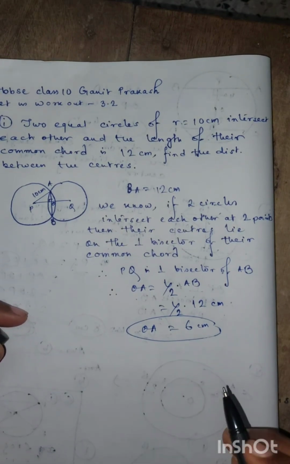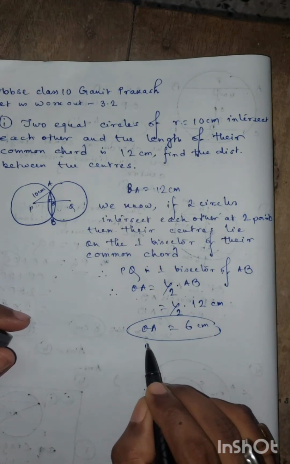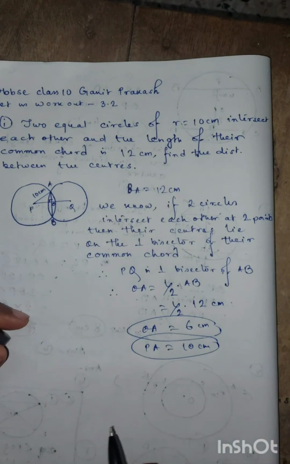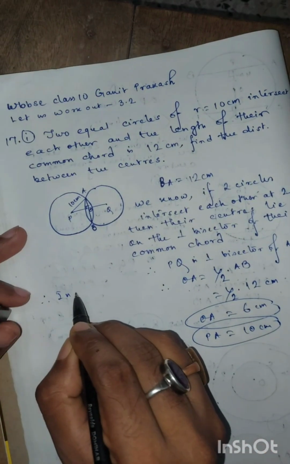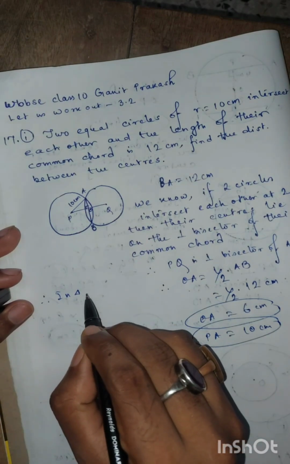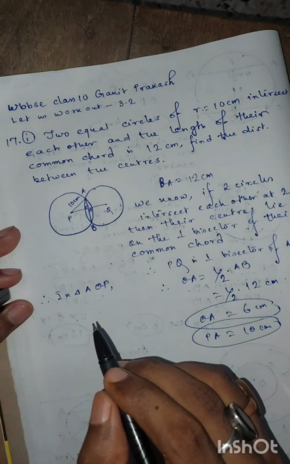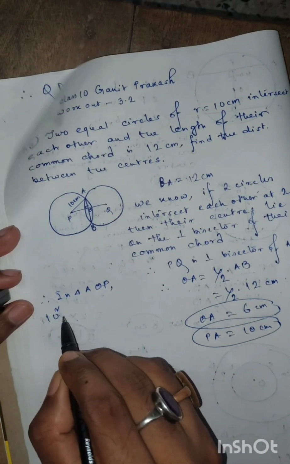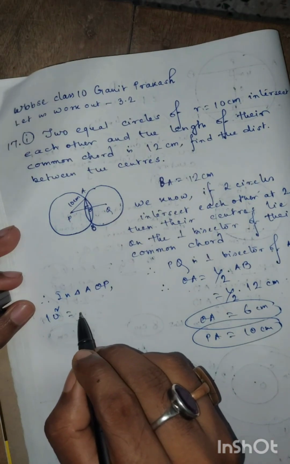And it is given that the radius is 10 centimeters. That means PA is 10 centimeters. Therefore, in triangle AOP, hypotenuse square is equal to perpendicular square plus base square.